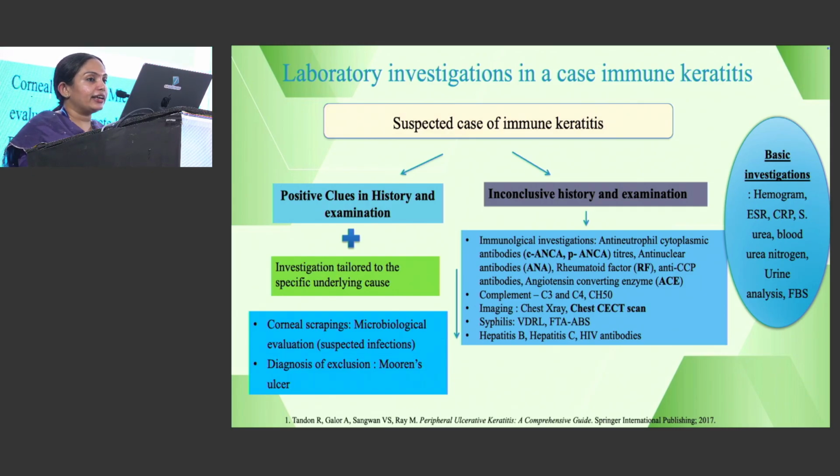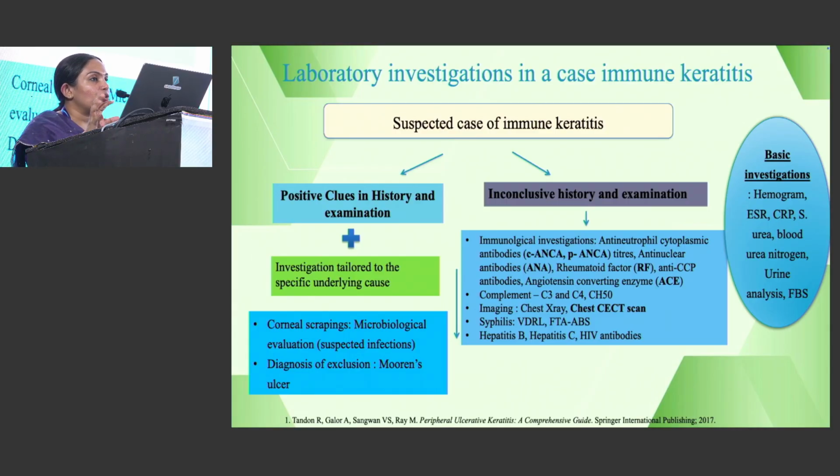So when a keratitis patient comes, if you get clues from the history, tailor your investigations in that way. If there is inconclusive evidence from the history, you will have to do a set of investigations to rule out which immunological pathology is underlying.